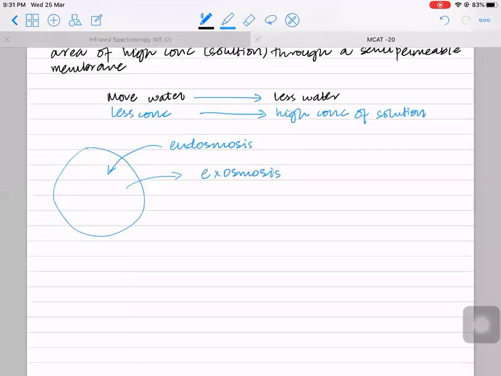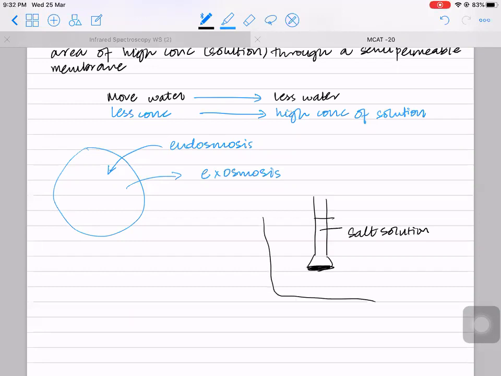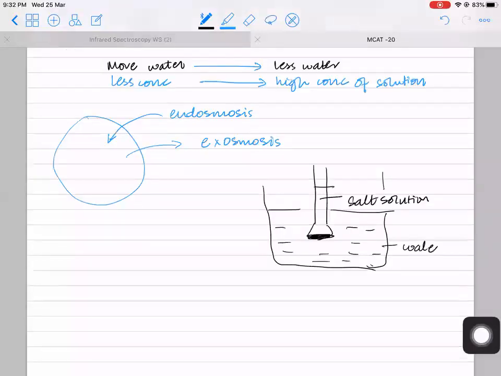Now, right here, you can see I have an inverted funnel, which comprises a salt solution. Let's say this has salt solution inside it, and this is a partially permeable membrane, and I put it in a beaker containing water. So this is just water. So you have more water here, or can I say I have less concentrated solution here, and more concentrated solution inside the funnel because the salt is inside the funnel.